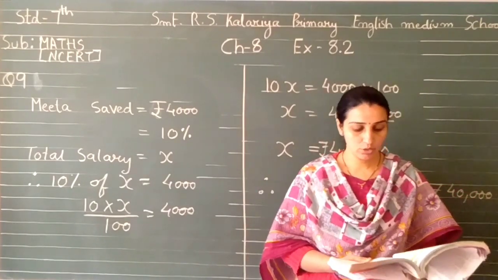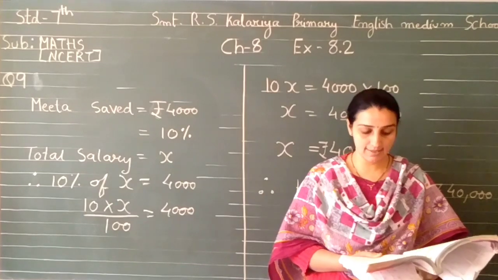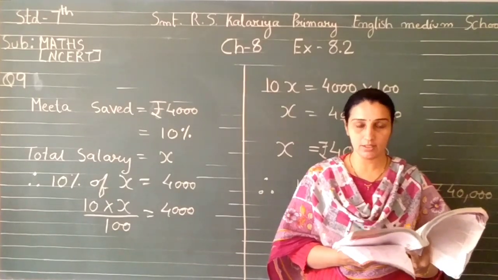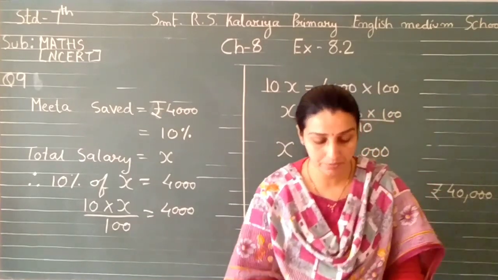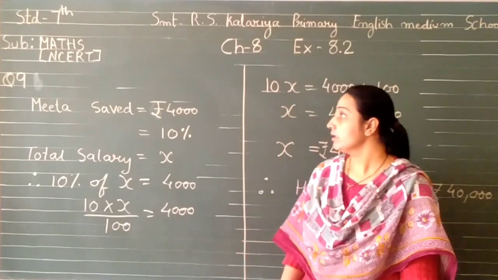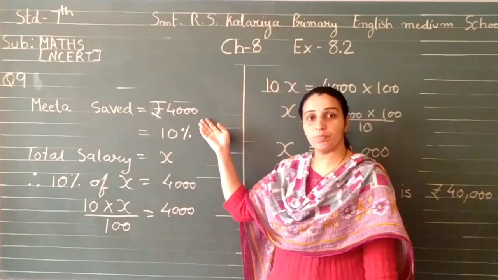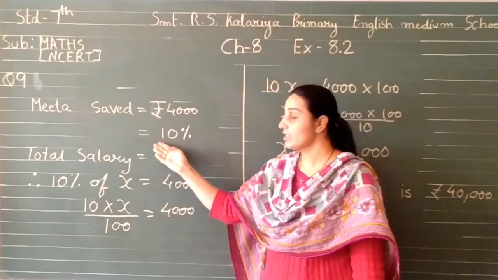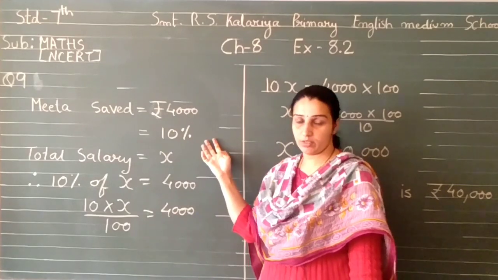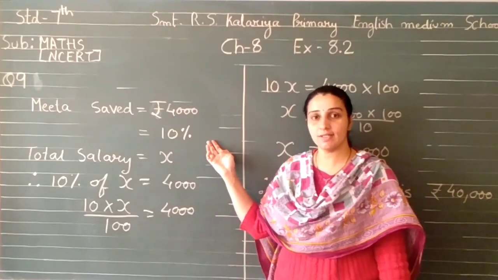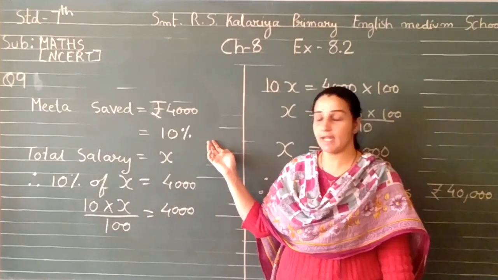Mehta saves rupees 4,000 from her salary. If this is 10% of her salary, what is her salary? Now here you are told that Mehta's savings is equal to rupees 4,000, which is equal to 10%. And here you are asked to find out her actual salary, that is her total salary.